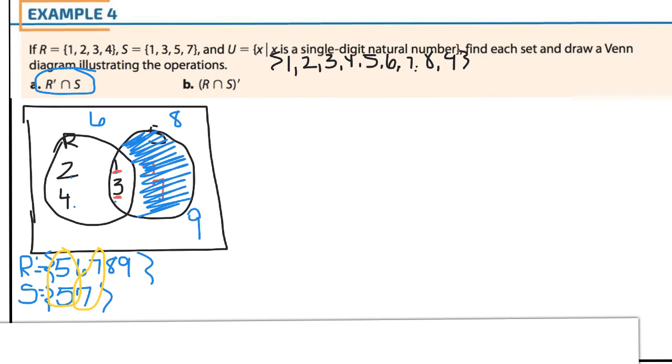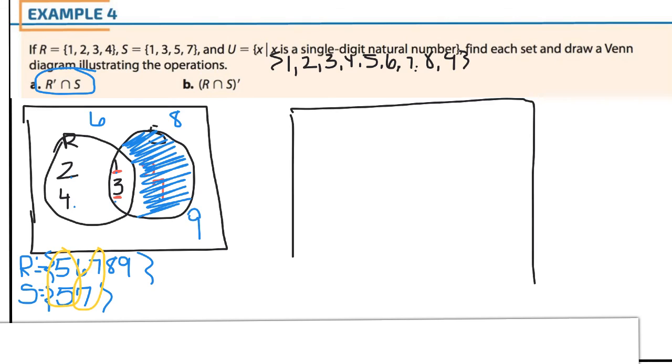All right, looking at B, now we have to remember when we do these, it's kind of like an order of operations where we do what's inside the parentheses first. So the first thing it says is find the intersection of R and S. Well, we already did that, right? We found the intersection of R and S, and that was just the little circle in the middle.